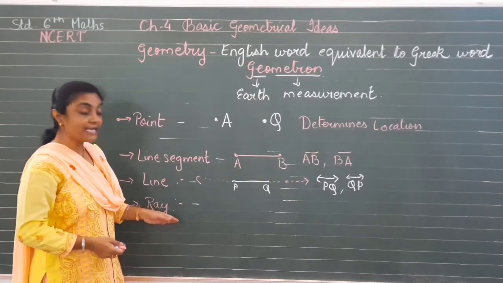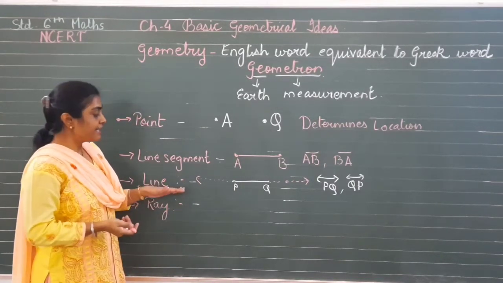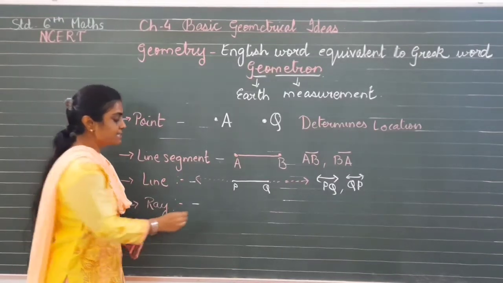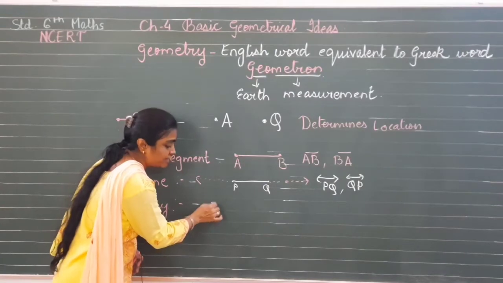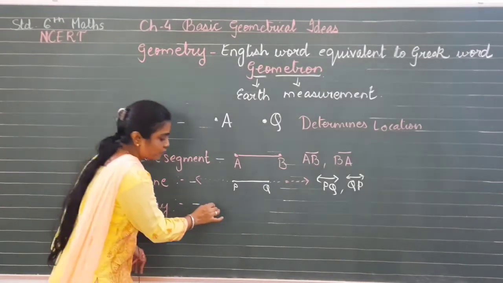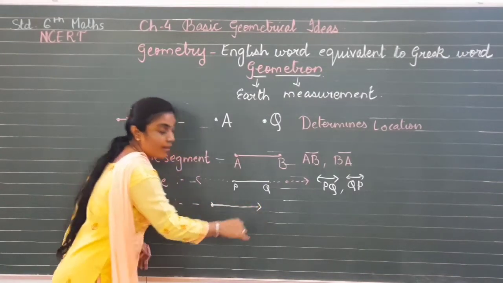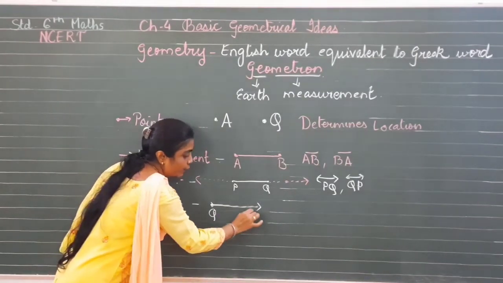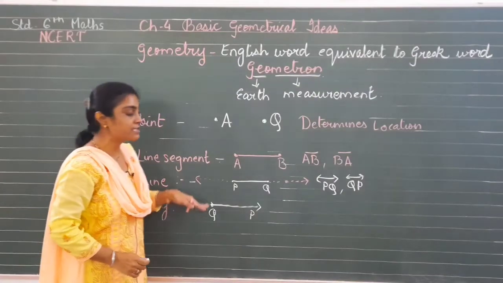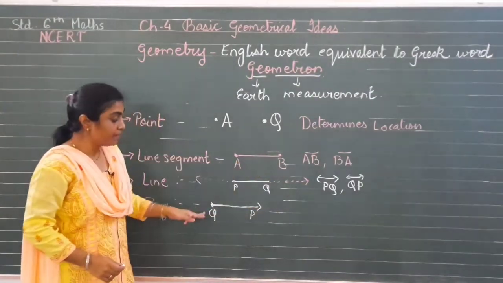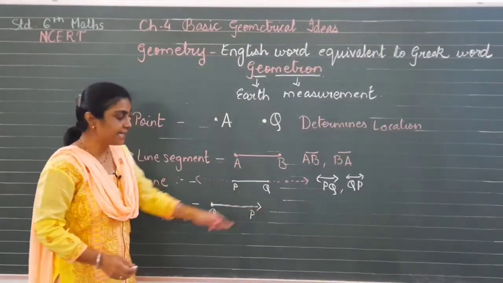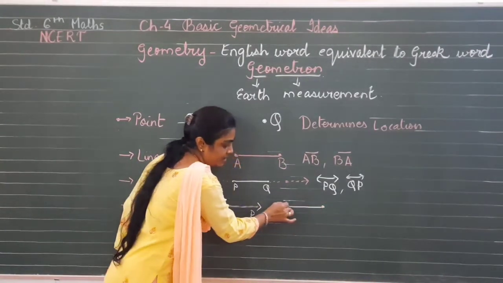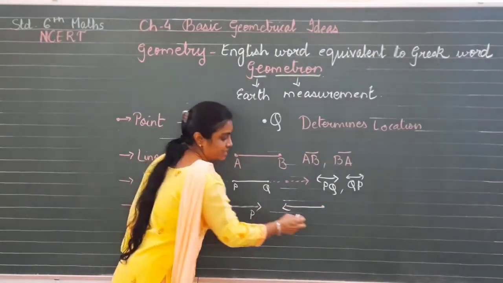The next topic is ray. Now what is a ray? It is a mixture of line segment and line. Suppose this is the origin point. I am drawing one line, extending it, and it is written as ray QP. That means a ray runs in only one direction. It can be like this way also. Suppose I am marking a point over here. It can also run in this direction.